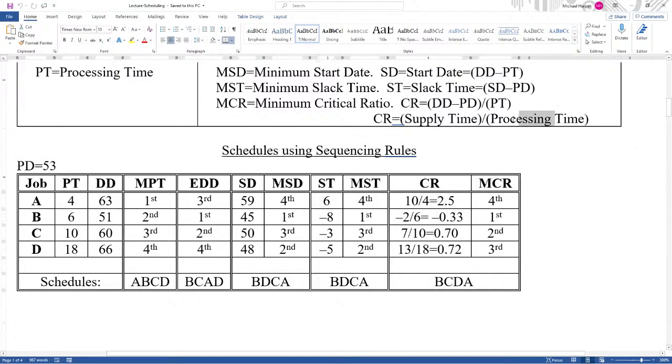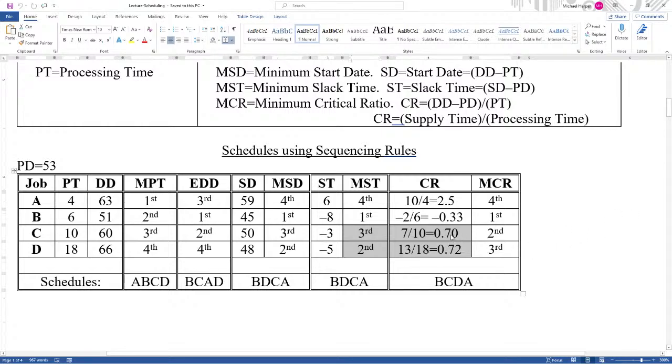If the processing time is greater than the supply time, let's say you're supplied 1 day to do this job, but the processing time is 3 days, you're going to be late. That means the ratio is going to be less than 1.